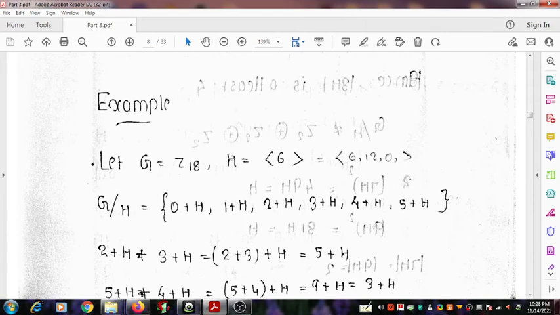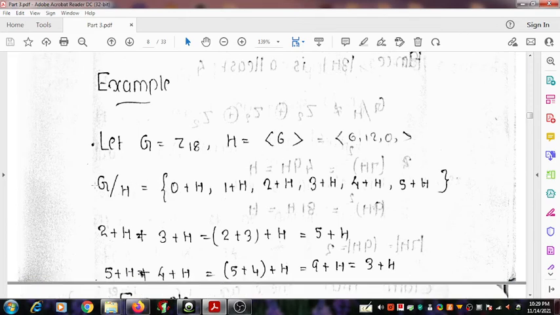That normal subgroup H is equal to the cyclic group generated by 6. So Z18 and the cyclic group generated by 6. Clearly, this is a subset of the group Z18, and also it's a subgroup. It's also a normal subgroup. Then the elements of the cyclic group generated by 6 are 0, 6 and 12. It's clear. 0, 6 and 12 are the elements, and here 0 is the identity element.